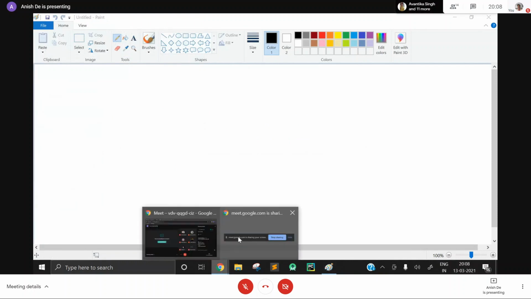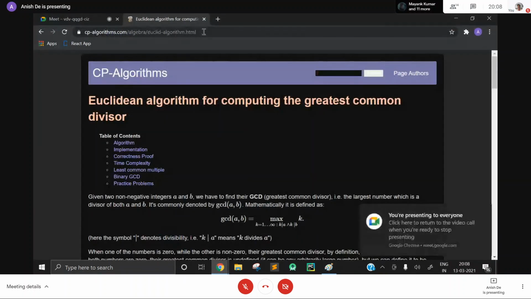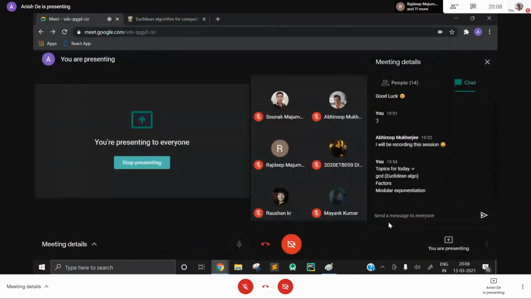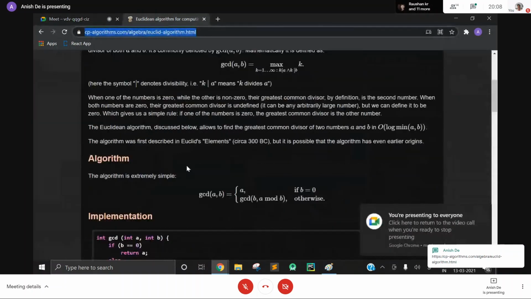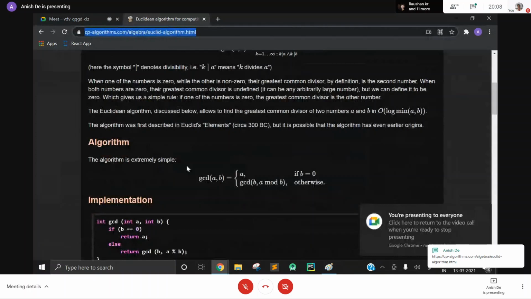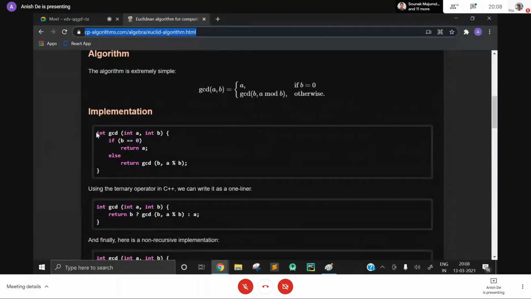You can see here, this is a very good website for CP algorithms. I am sharing the link. Here GCD of A comma B equals GCD of B comma A mod B, and here is the pseudocode.